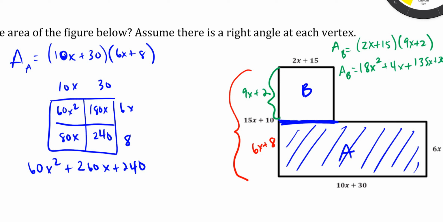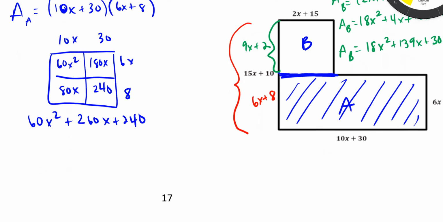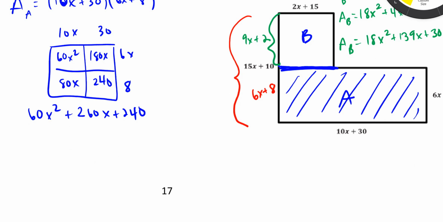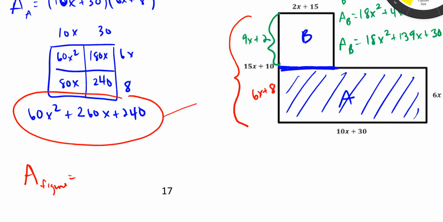Let's see. I think it's 135, but let's just check. Hey, look, it is. Pretty good mental math. So I have 135x plus 30. Combining like terms, the area of B is 18x squared plus 139x plus 30. Now our last and final step is to find the total area here.